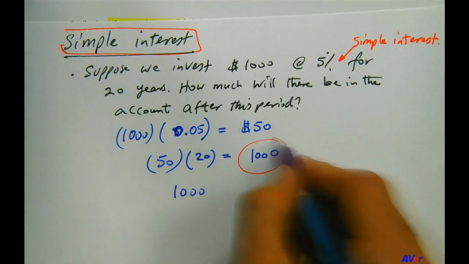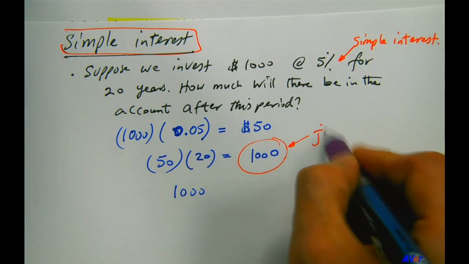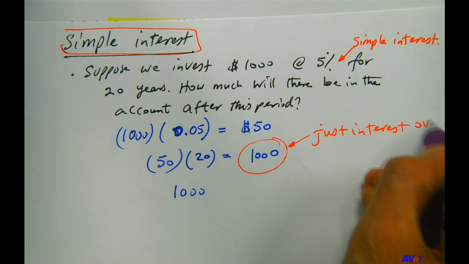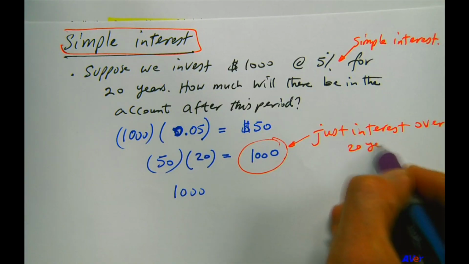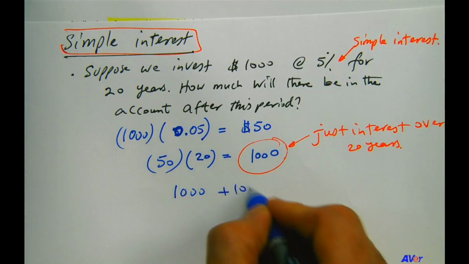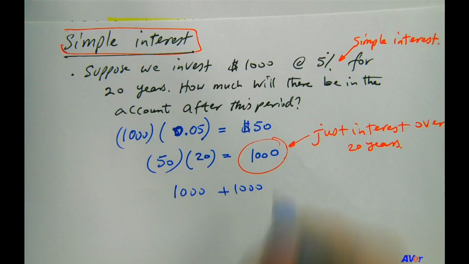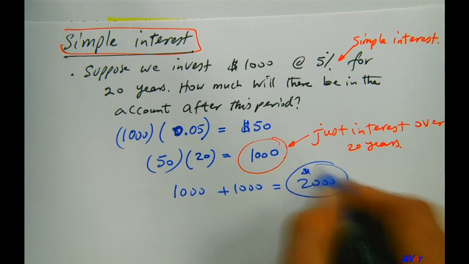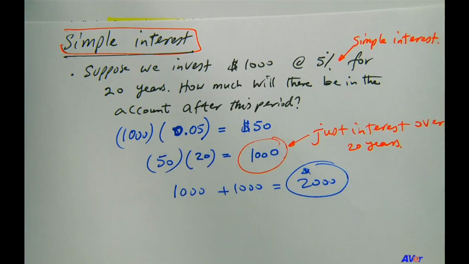This is just interest over 20 years. So 1,000 plus 1,000, and you get $2,000 at the end of 20 years, right?